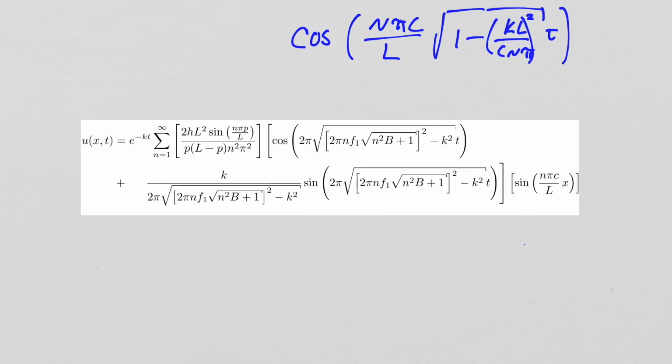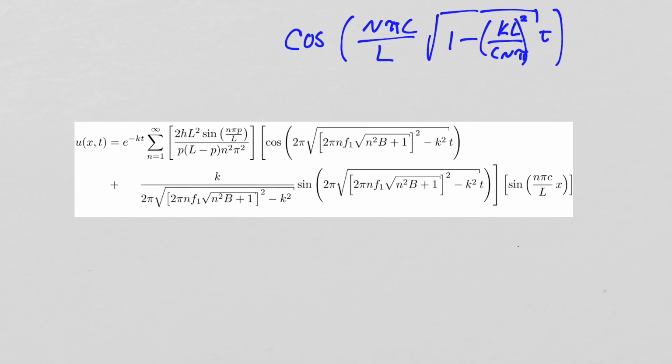And the old version with just damping and no stiffness looked like this. And it's a nice little exercise to see that this is the same as this with B set to 0. When B is set to 0, you actually get the same thing, which is an important fact. And when K is set to 0, you end up with what you would have gotten for just the wave equation. And there she is.